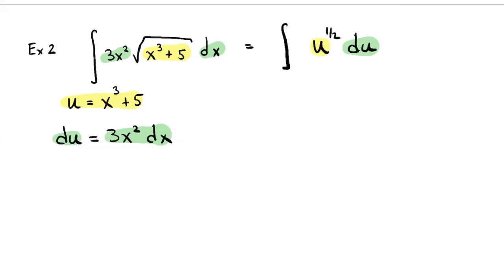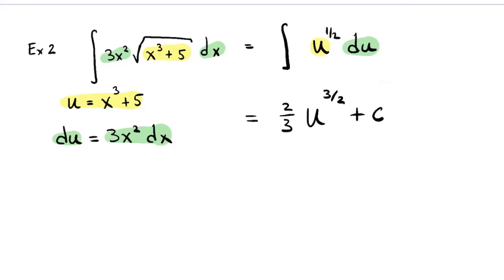I've algebraically accounted for everything. That's why this equality is valid, and I've also rewritten this integral, and it is an antiderivative I can do. So that's the general spirit of these problems: you take an integral in one variable and via substitution, you rewrite it as an integral in another variable that you can successfully do. So here in this case, I have to add 1 to that exponent and divide by the new exponent and add my constant.